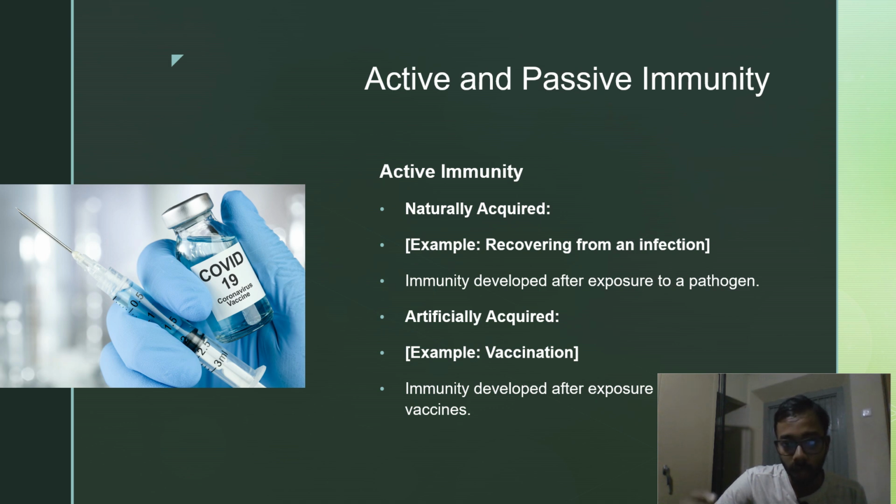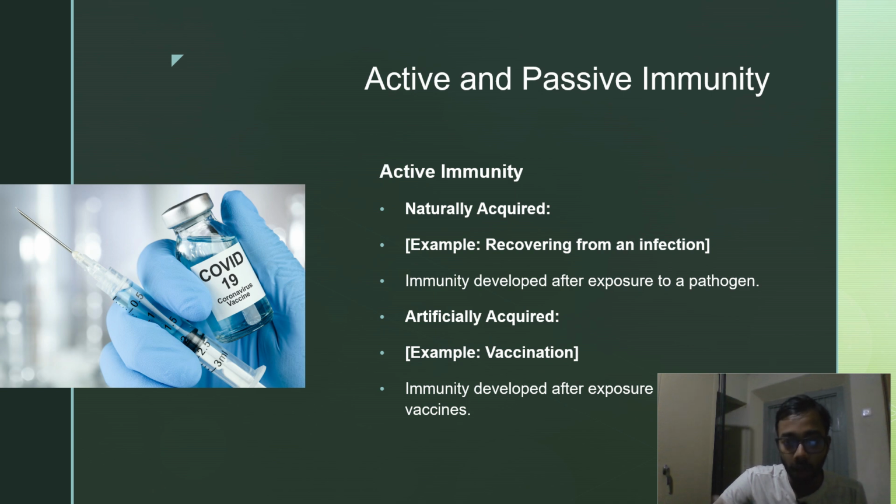Active immunity can be divided into two types again: naturally acquired active immunity and artificially acquired active immunity. Naturally acquired active immunity means immunity developed after exposure to a pathogen.